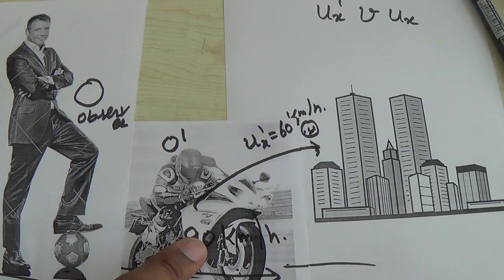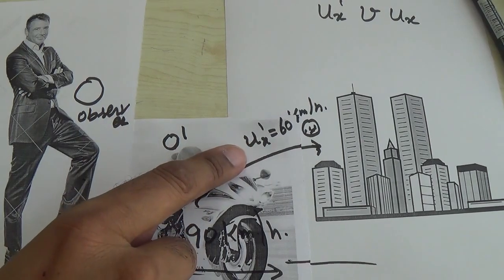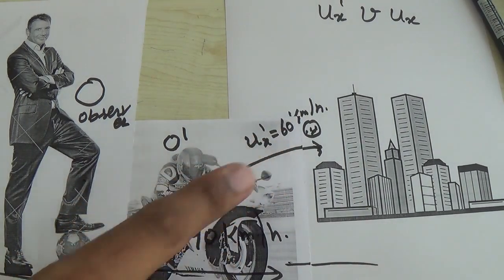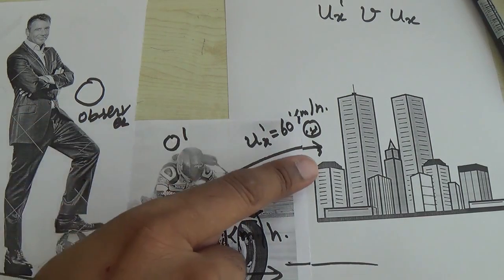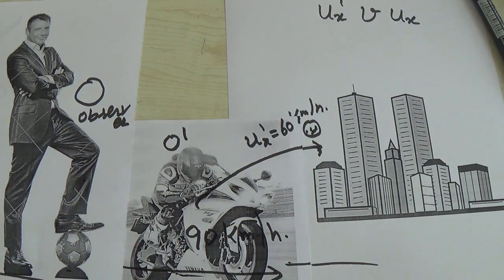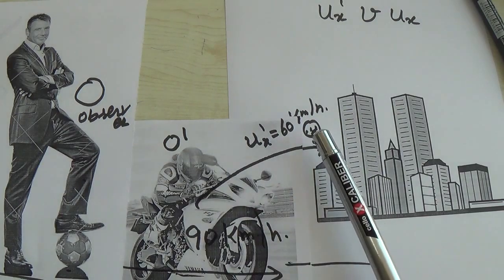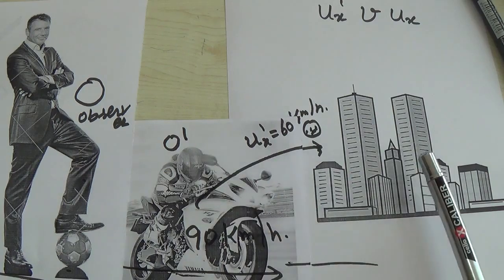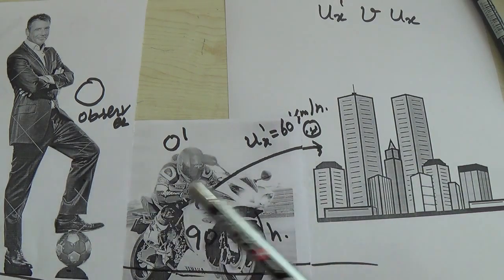Here v is the relative speed of the bike, ux prime is the speed of the ball, and ux is the speed of this ball according to the O observer. If this point is clear, you can generalize this idea to anywhere, whether there are two spacecraft in space, both moving in the same direction or in opposite directions. Suppose the O prime observer throws this ball in the opposite direction instead of the forward direction.